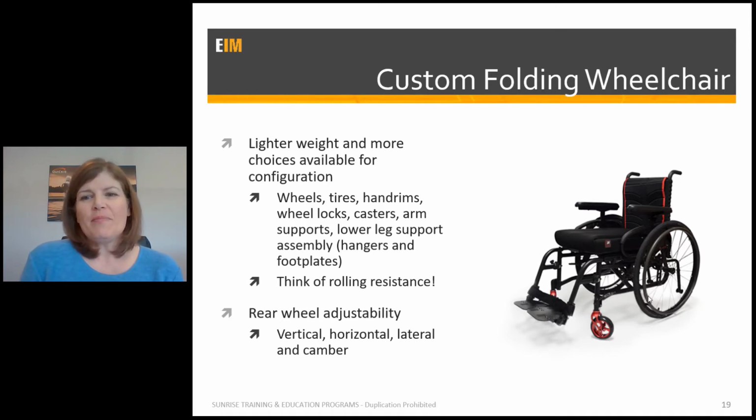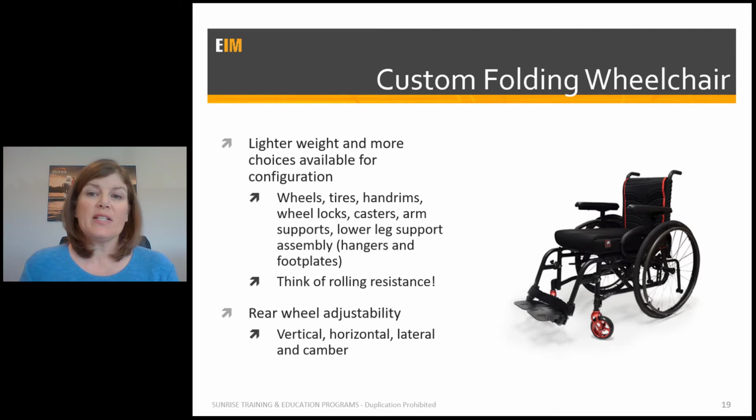Now, all of our configurations of the wheelchair, all of our choices that go into speccing out a wheelchair, are going to have an influence and impact on the rolling resistance. So later on, we're going to talk about some of the choices that we can be making with our clients and how that could have a potential impact on rolling resistance.